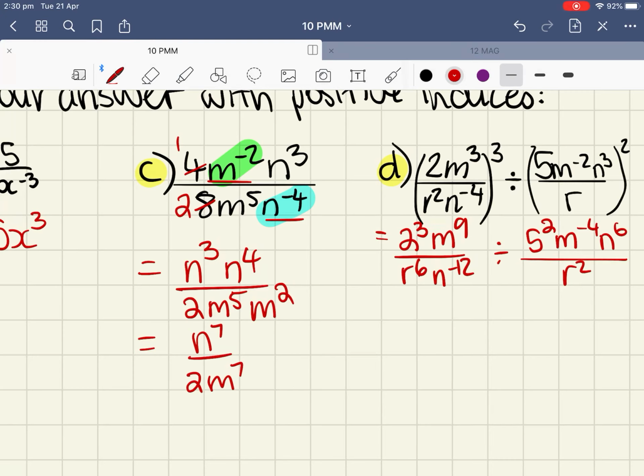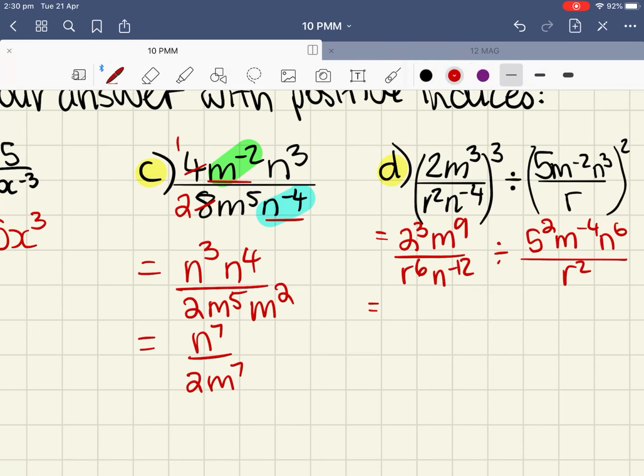Okay, cool. Now that that's out of the way, we notice here that we have a divided by a fraction. We're going to switch that to multiplying by its reciprocal. Let's do it. In that same process, I'm going to evaluate 2 cubed and 5 squared, because 2 cubed is just 8, 5 squared is just 25.